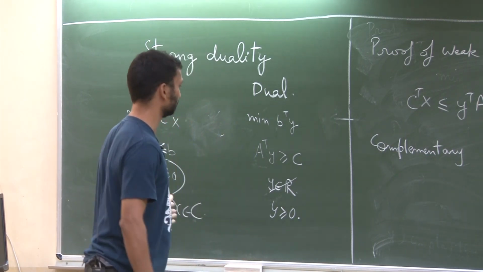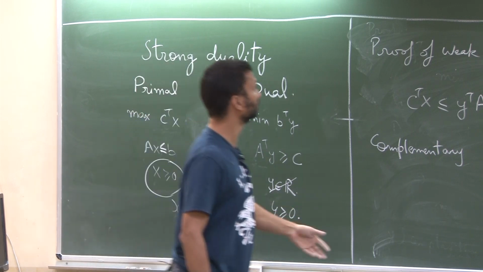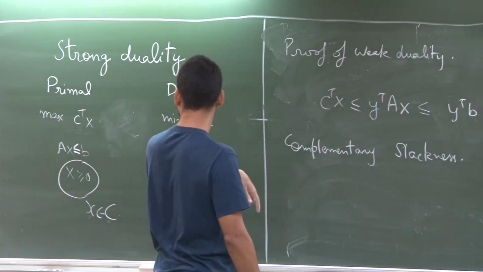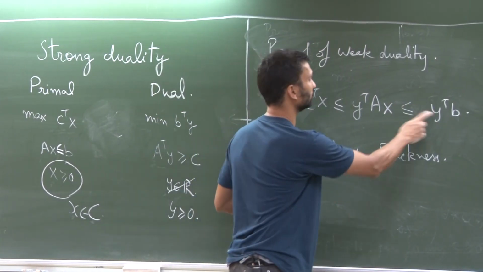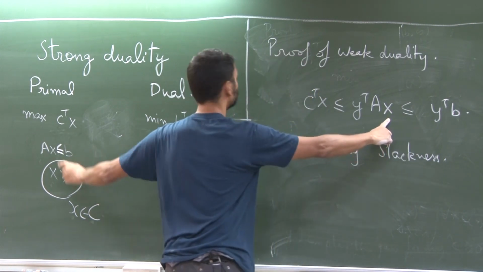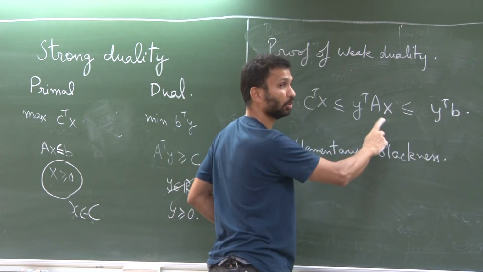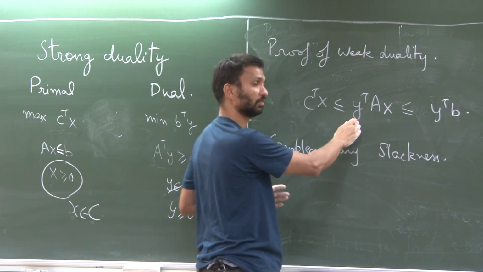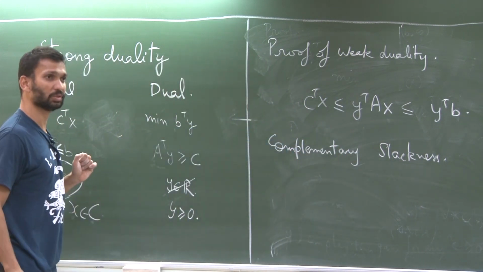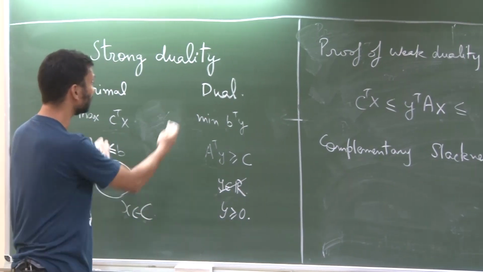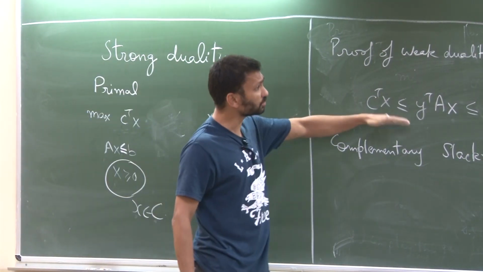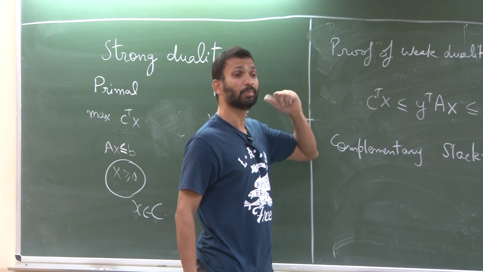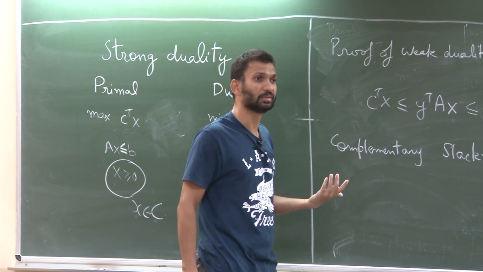Okay, you can check A transpose, sorry, yeah. So this is about this. If Ax is less than or equal to b, that means the inequality is in the correct side. y has to be positive. So y greater than or equal to 0. So now this is my standard format. This is my proof of weak duality. But I know strong duality happens.